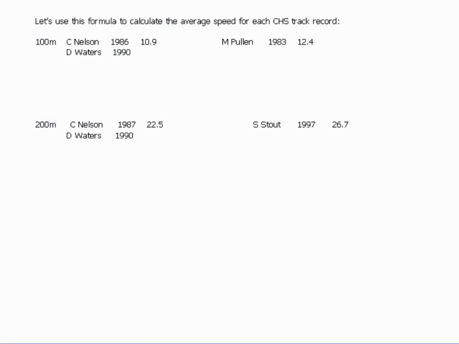Some examples. These are some Carroll High School track records, maybe not necessarily up to date. What we're going to do is calculate the average speed for each Carroll High School track record.